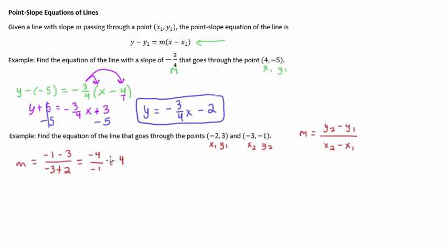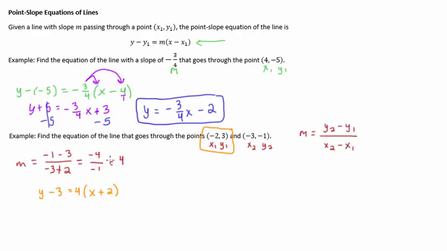Now we're ready to plug into point-slope, and the thing to realize is you can use either of these points to plug into this formula. It doesn't matter. I usually pick the first point just for consistency's sake, like it's x1, y1, might as well use it since it's already labeled that way, but you can use either point. So y minus y1 is y minus 3 equals 4 times x minus x1, so minus a -2 would give us +2.